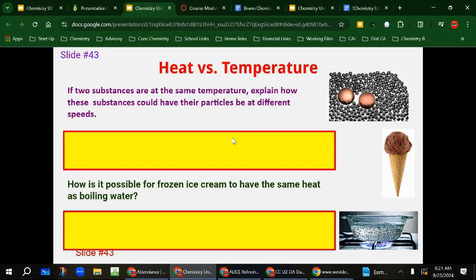Each piece can be moving slower, but if there are more pieces, that can even out. So, boiling water, a very little bit. Cold ice cream, a lot of it. Still have the same amount of heat. Questions?